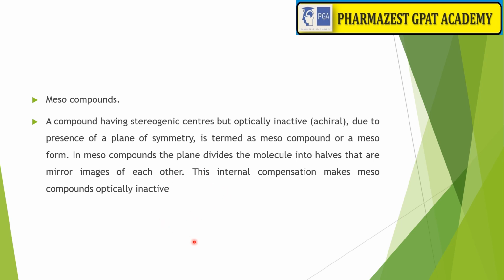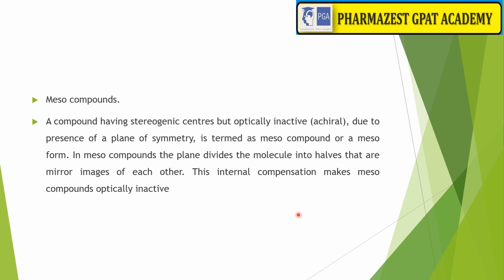The upper 2 carbons and lower 2 carbons are symmetrical, both are the same, so the plane of symmetry is there. Such compounds are termed meso compounds, which are optically inactive due to the presence of a plane of symmetry.